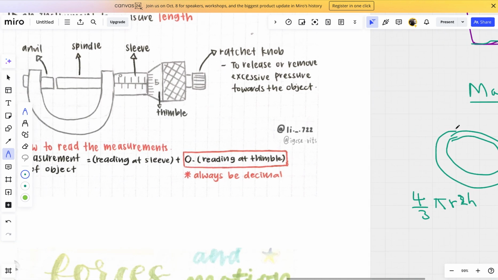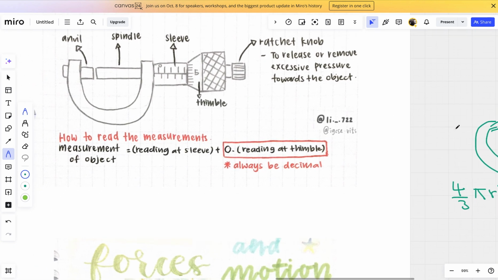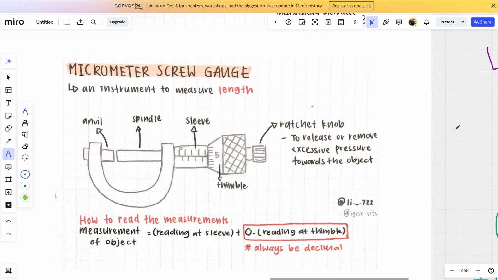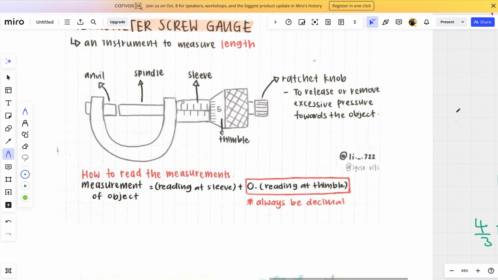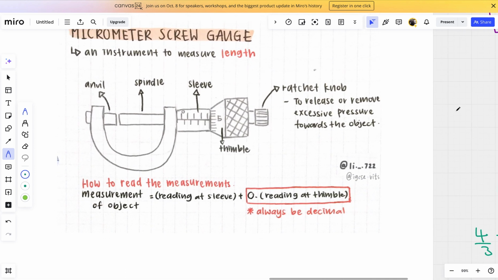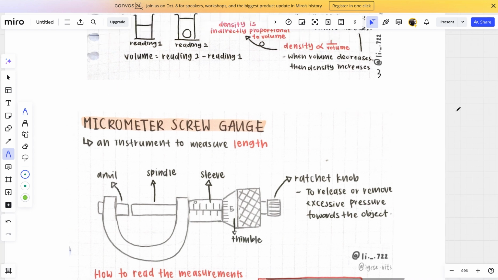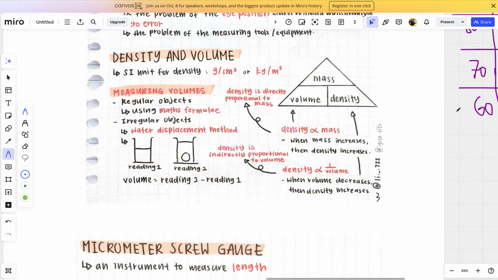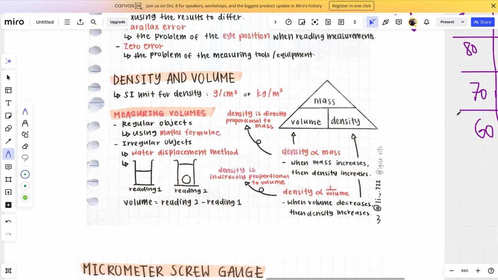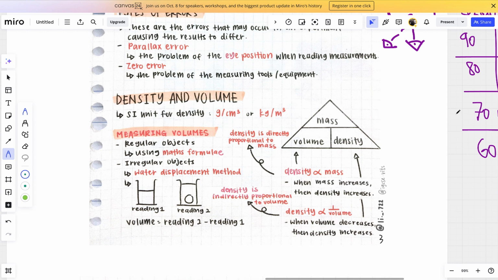Before we go to the micrometer screw gauge, so that we do not jump, let's quickly take a look at density. Density and volume, we already talked about volume.